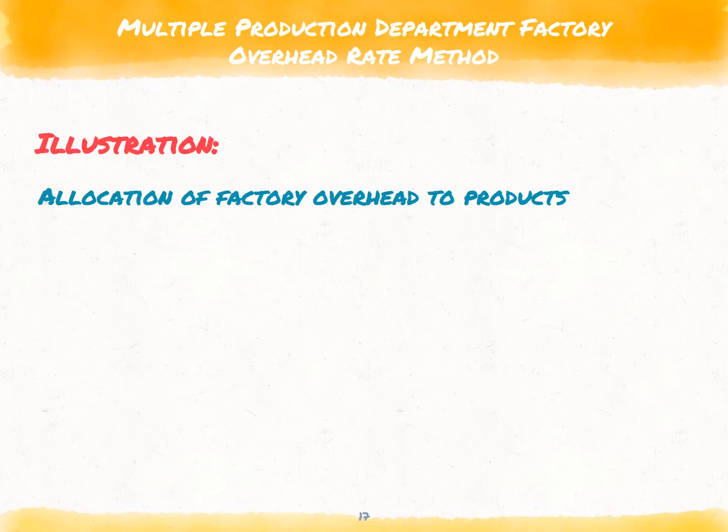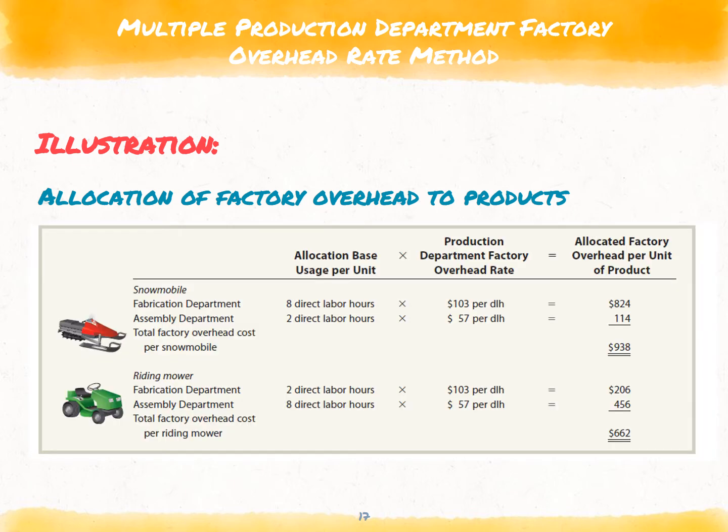Let us now move on to the allocation of factory overhead costs to each product. Each snowmobile is allocated $938 of total factory overhead cost, while each riding mower is allocated $662 of factory overhead cost. This summarizes the multiple production department rate allocation method for Ruiz.